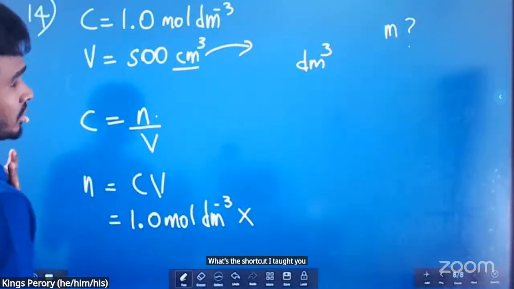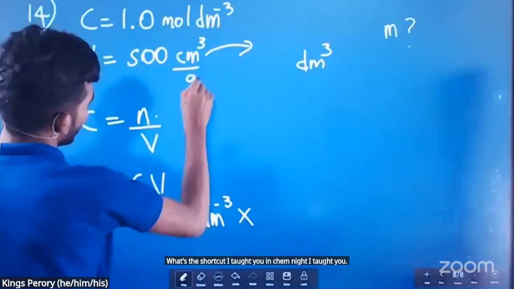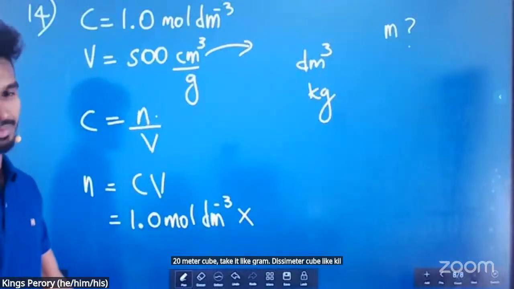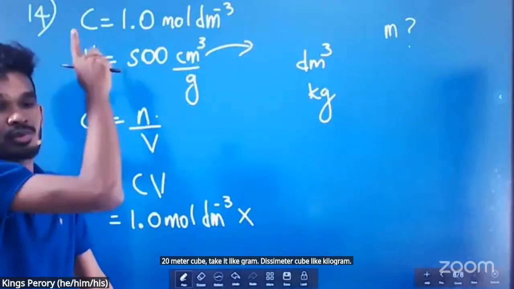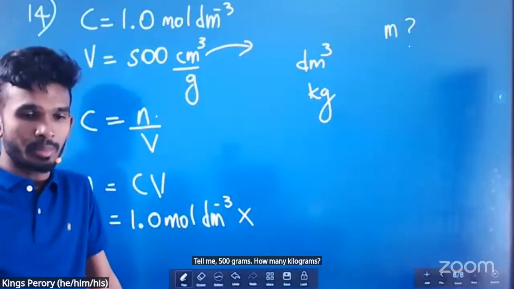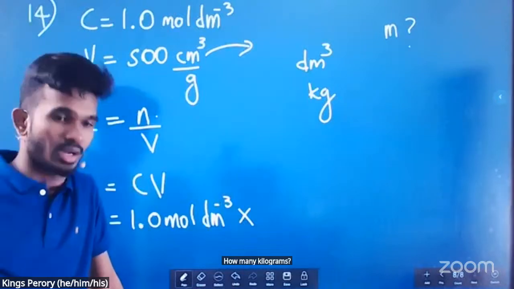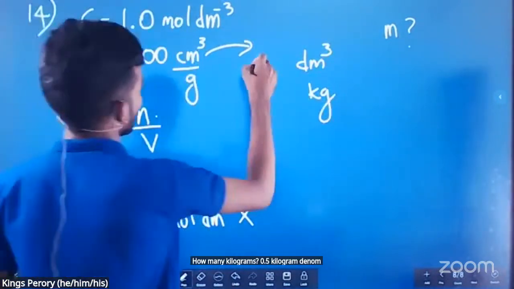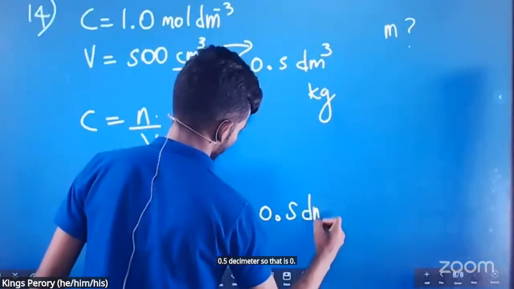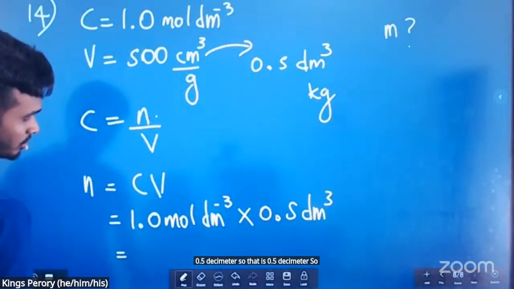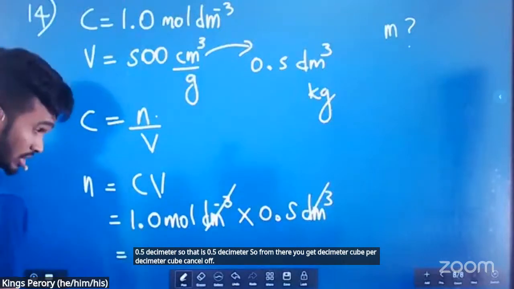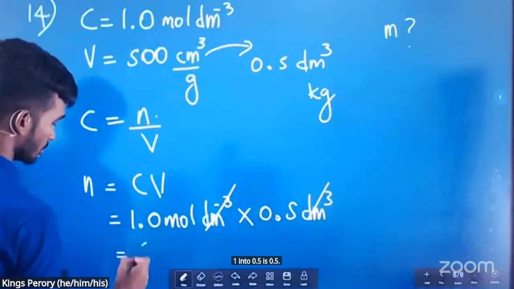Centimeter cube, take it like gram. Decimeter cube, take it like kilogram. 500 grams, how many kilograms? 0.5 kilogram. Then how many decimeter cube? 0.5 decimeter cube. So decimeter cube per decimeter cube cancel off. 1 into 0.5 is 0.5.